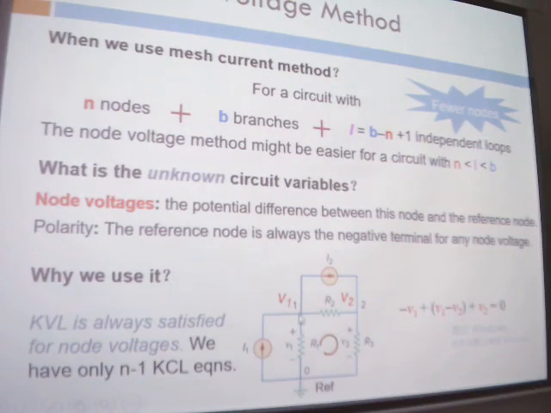V1 plus V1 minus V2 plus V2, it always satisfies the KVL law. Clear? That means if we use the node voltage, the KVL law is always satisfied. So we can just ignore this equation and concentrate on the KCL, right?